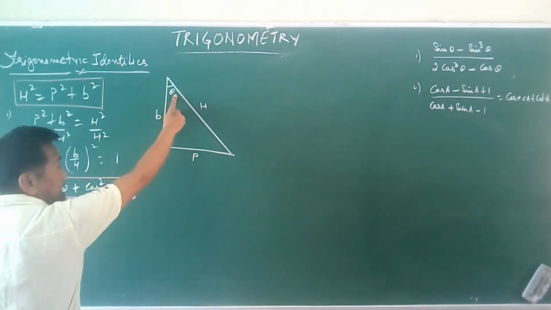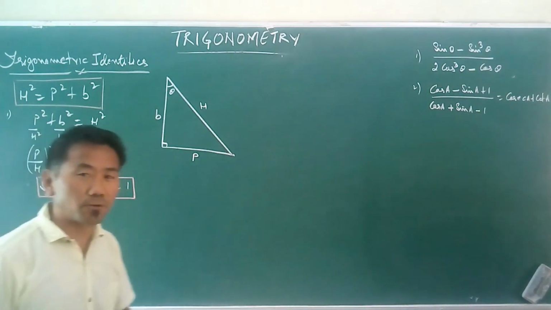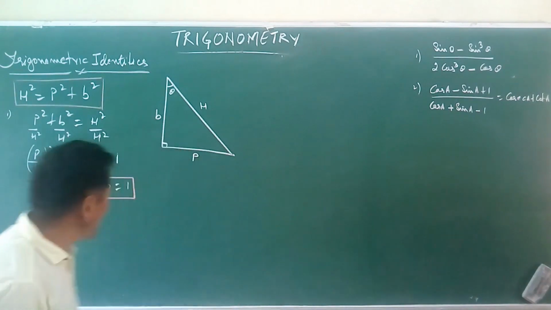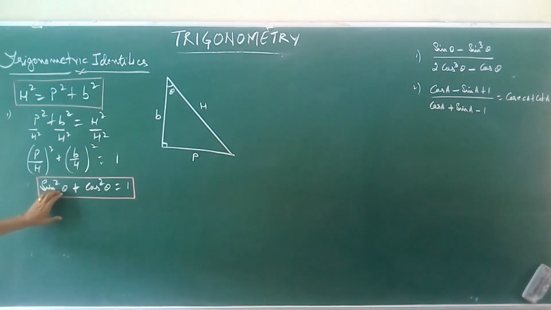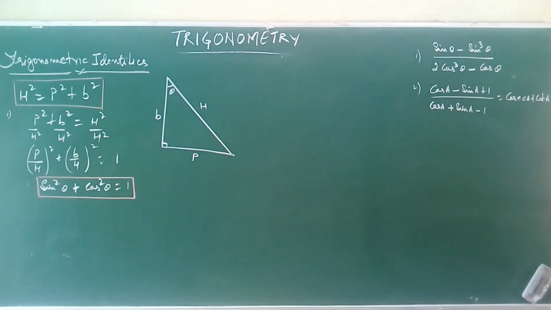Look at this theta. In the table that we already discussed with some of the values of trigonometric ratios, the degrees say sine theta, cos theta, and the angles, I'll just show you once again.